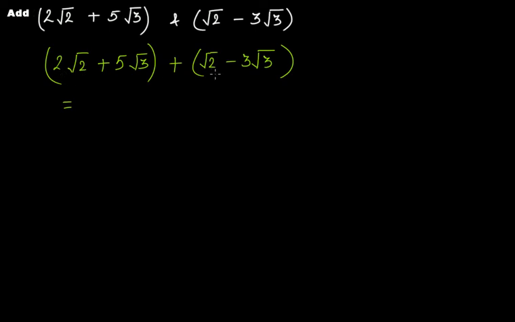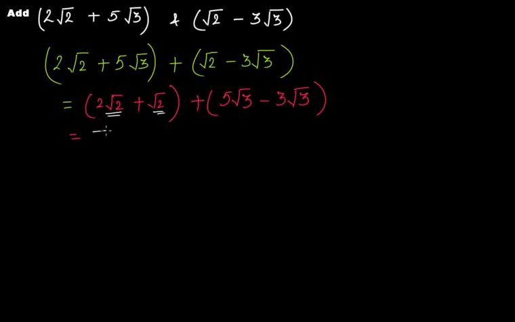If we group them together, like 2 square root of 2 plus square root of 2, then plus 5 square root of 3 minus 3 square root of 3. So from here square root of 2 is common, so square root of 2 times 2 plus 1, then plus square root of 3 is common, so this becomes 5 minus 3.